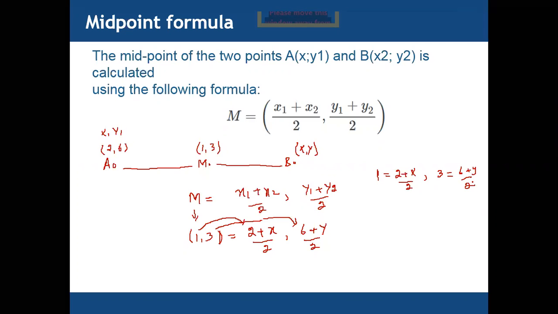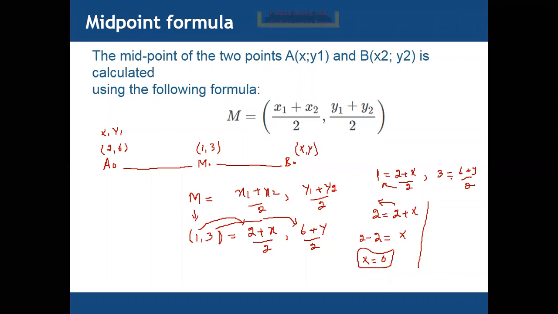In this case you can find x: first of all multiply 2 with 1, 2 equals 2 plus x. Transfer 2 to the other side, we have 2 minus 2 equals x. So 2 minus 2 is 0, so x is equal to 0. Excellent. Great.